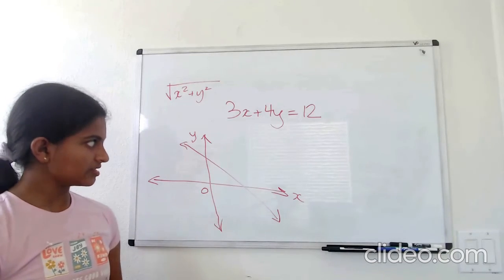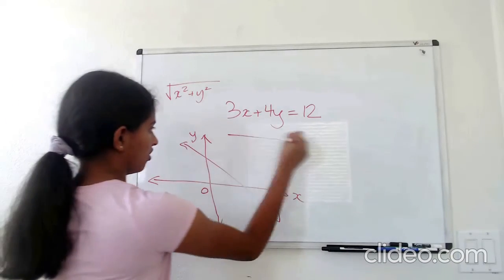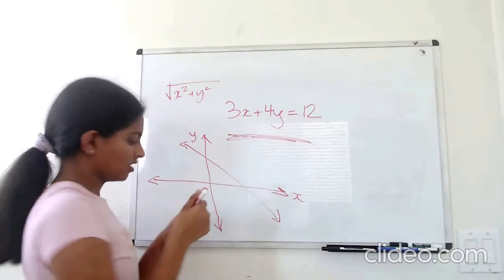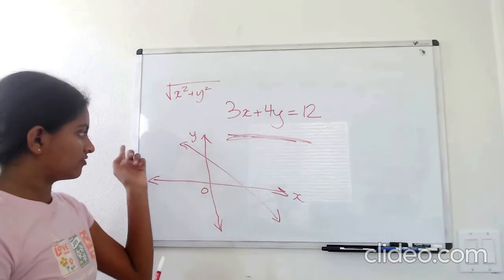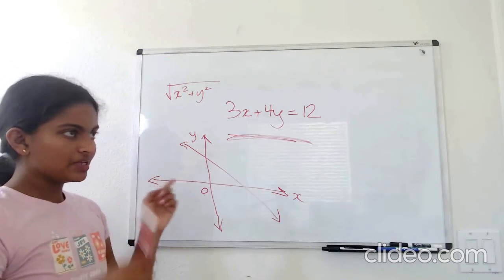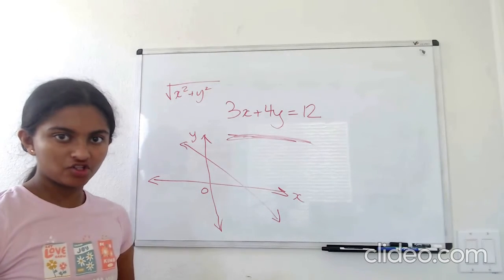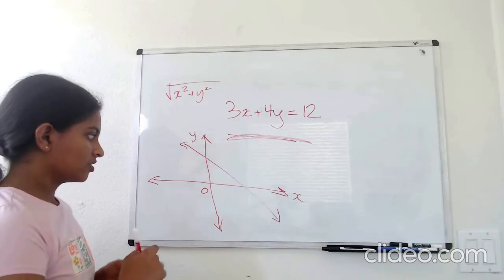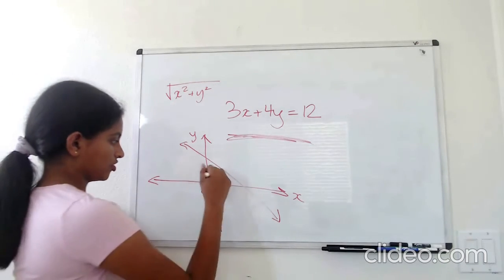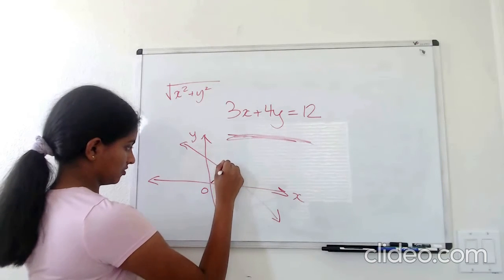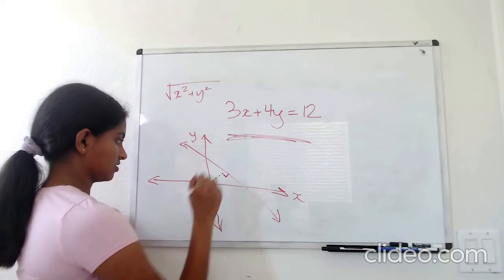The problem is telling us, for any point on this line over here, what is the minimum distance to the origin one can achieve when the point's on this line? In other words, what's the minimum distance from this line to the origin?